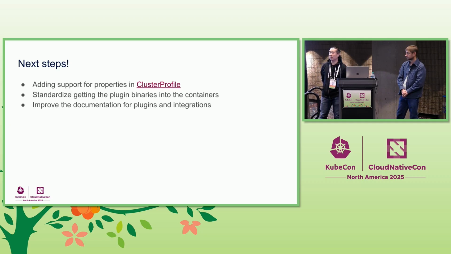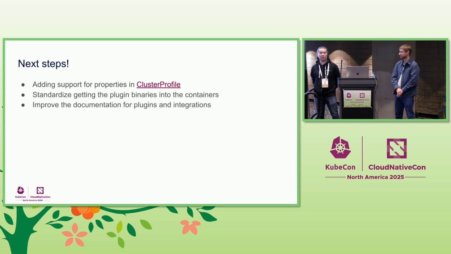For a standard API to get popular, we definitely need a lot of good documentation so that people don't have to come to listen to a talk to understand how it works. So we need documentation, examples, plugins, maybe a plugin registry or something so that they can have all of them together. Integrations. Yeah, those are the next steps we're looking for.